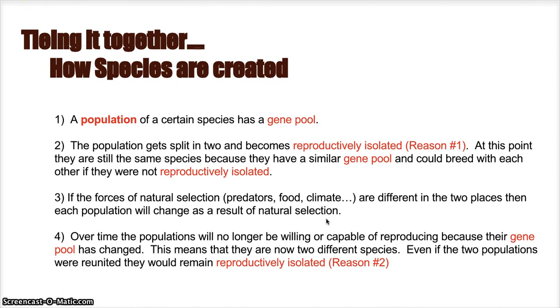And the end result is that you end up with two populations that now have very different gene pools. They started off as coming from the same gene pool, but because certain individuals in the population might get selected in one area, and in another area, different kinds of individuals are selected, you get a change.